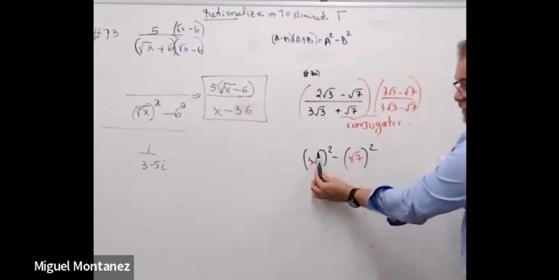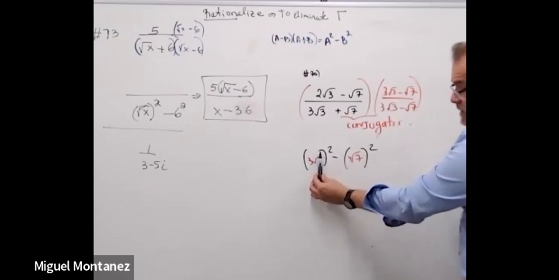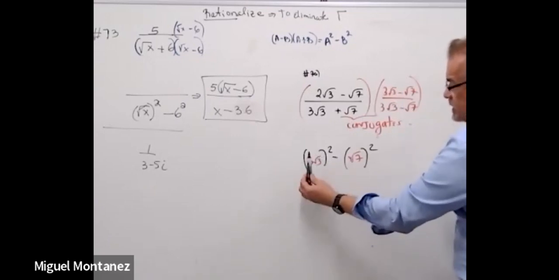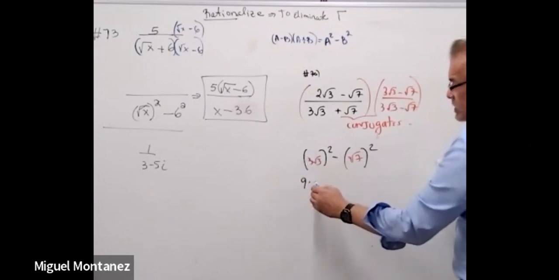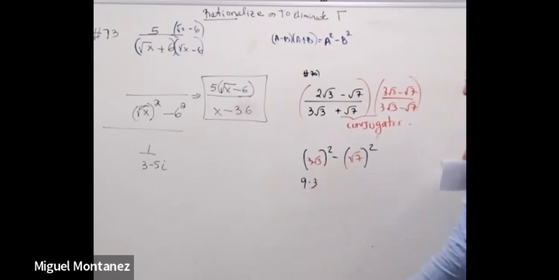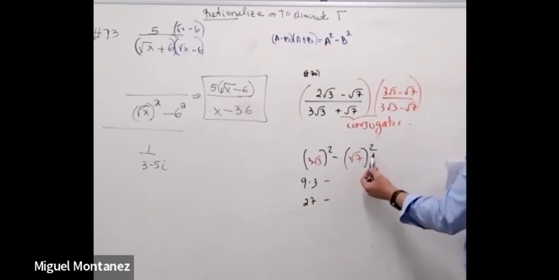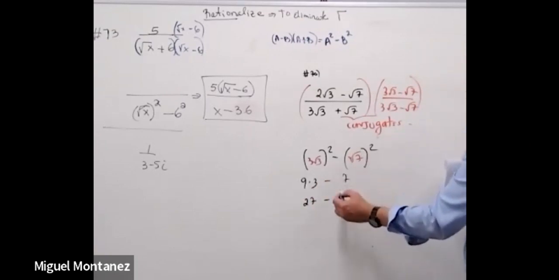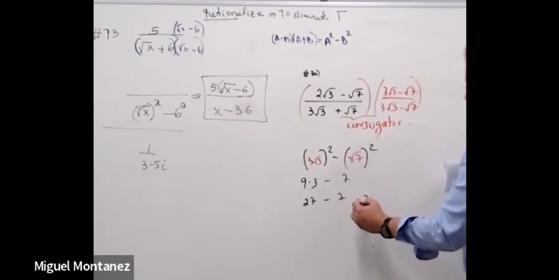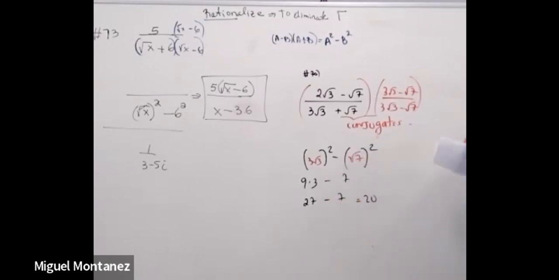We distribute the exponent, so that will be 3 squared is 9 times radical 3 squared, that's simply 3. And 9 times 3, of course, 27, minus the square root of 7 squared, that will be 7. 27 minus 7 will be 20. So we got rid of the square root from the denominator. So now my denominator is 20, and we have the mess on top.